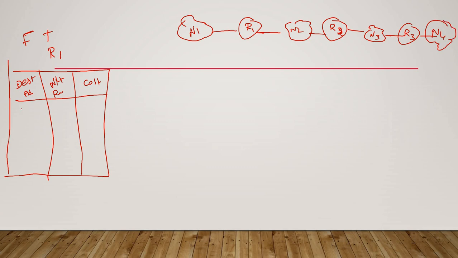The destination addresses are for all the networks: network 1, network 2, network 3, and network 4.